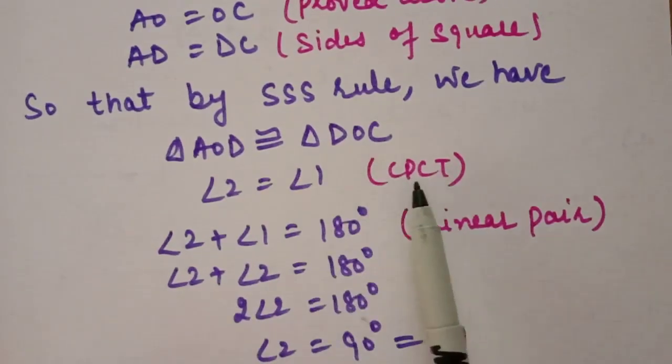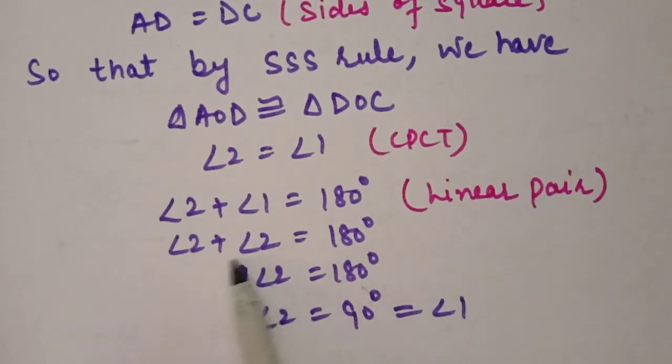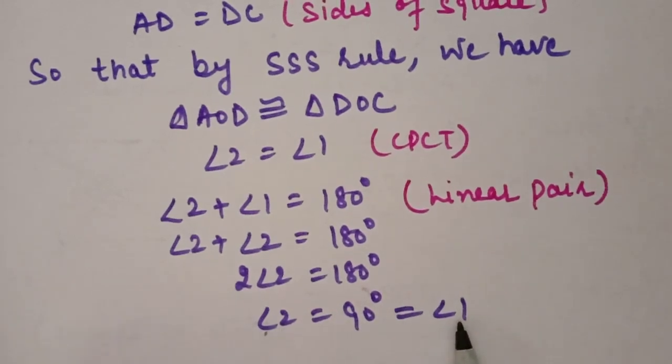Angle 2 plus angle 1 is equal to 180 degree because of linear pair. We will replace any one angle, choice is yours. Angle 2 plus angle 2 is 180 degree. Double of angle 2 is 180 degree, so when we shift this 2 to the other side, angle 2 is 90 degree, which is also equal to angle 1.